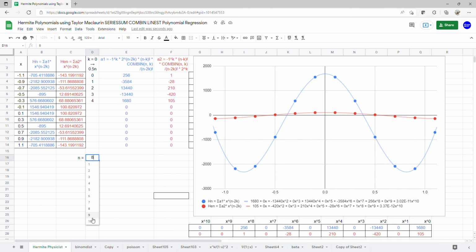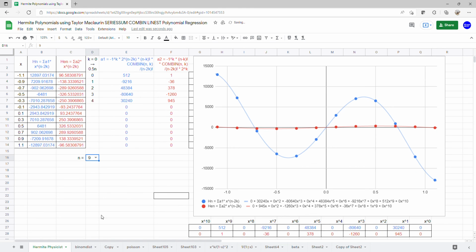And x to the 9th, n equals 9. So 512, and this is negative 9216, 48,384, minus 80,640, and 30,240.